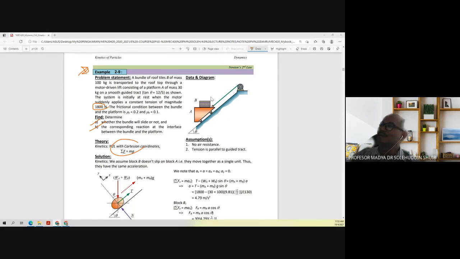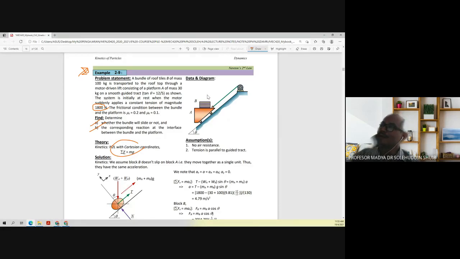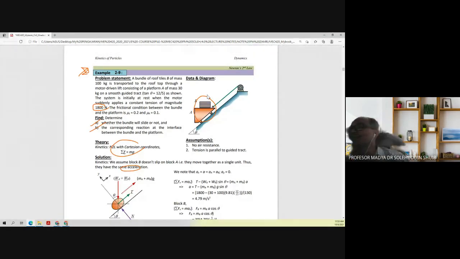So A and B together, we consider as one body, moving together as a single unit, thus they will have the same acceleration.